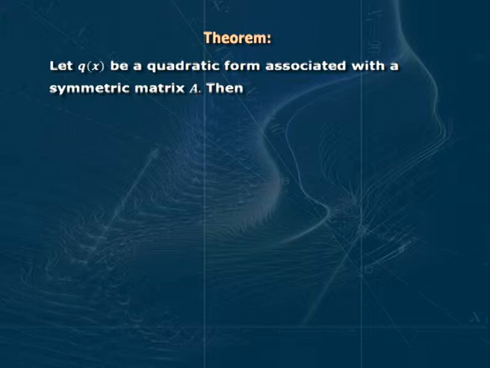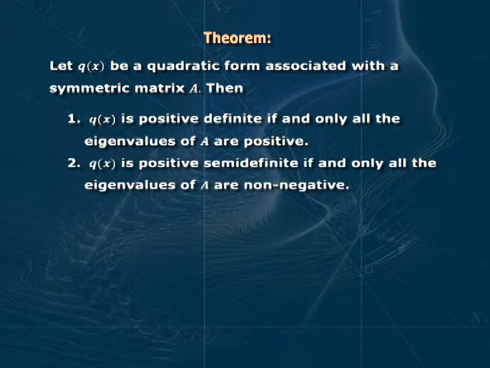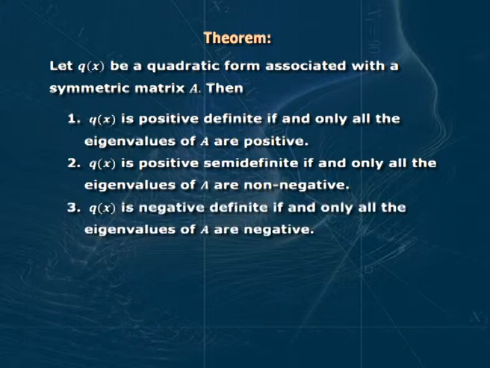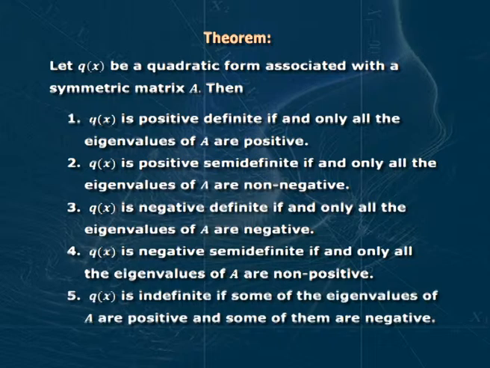Let q(x) be a quadratic form associated with a symmetric matrix A. Then 1. q(x) is positive definite if and only if all the eigenvalues of A are positive. 2. q(x) is positive semi-definite if and only if all the eigenvalues of A are non-negative. 3. q(x) is negative definite if and only if all the eigenvalues of A are negative. 4. q(x) is negative semi-definite if and only if all the eigenvalues of A are non-positive. 5. q(x) is indefinite if some of the eigenvalues of A are positive and some of them are negative.